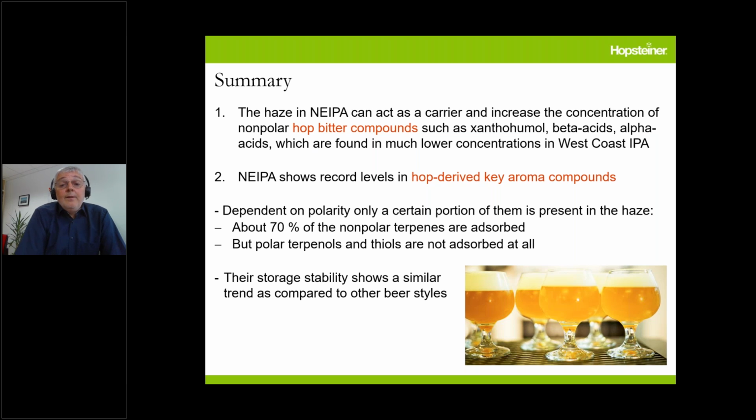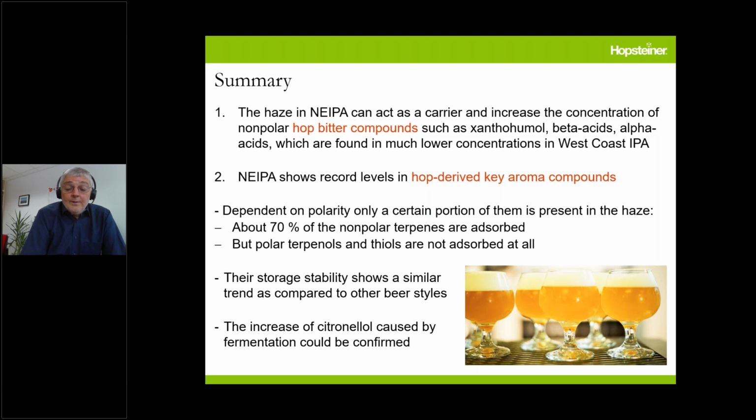The storage stability of these hop-derived key aroma compounds shows a similar trend as compared to other beer styles. And in our pilot brew, we could confirm the increase of citronellol caused by fermentation.